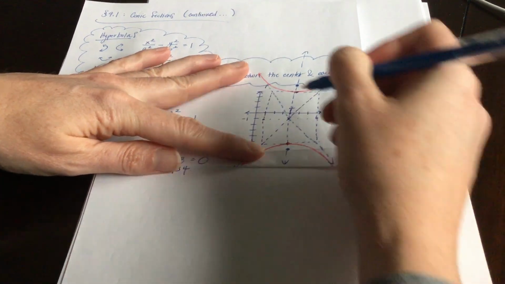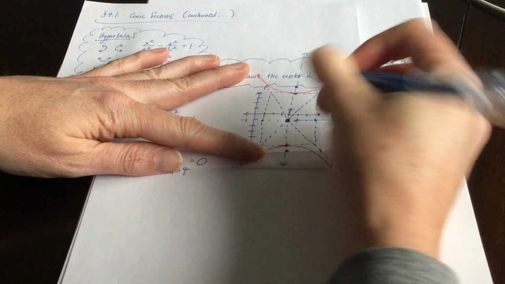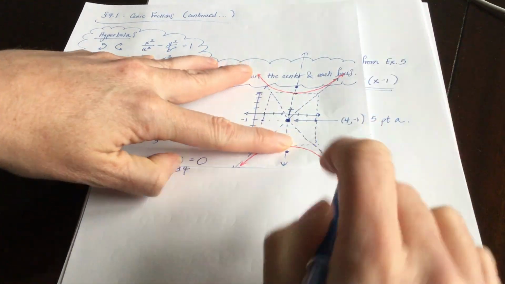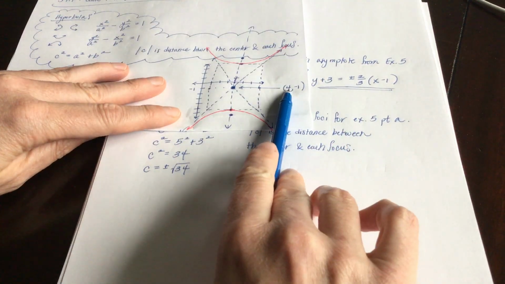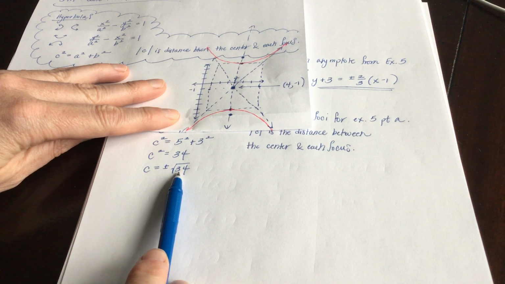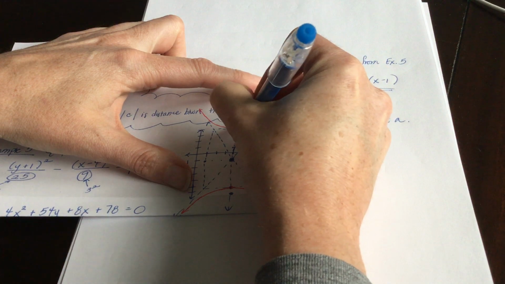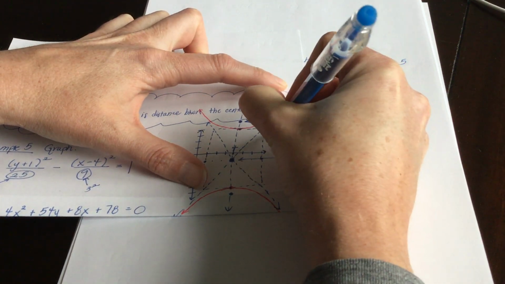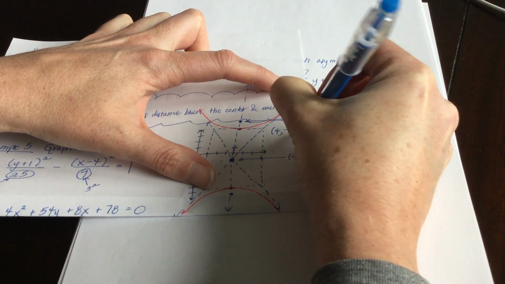And then c is the distance from your center, which let's label, in this case, the center, what was that, (4, -1), it looks like. And so in this case, you would be going up from here, you're gonna go up square root 34 and down square root 34 units to get to the foci. So this focus right here would have coordinates still 4, but -1 plus square root 34.